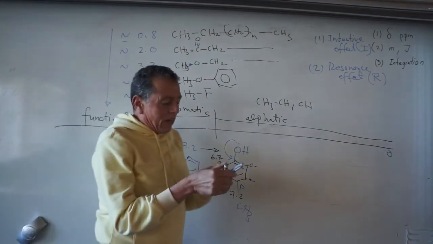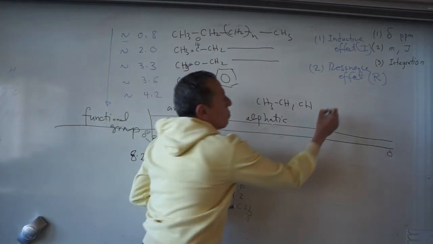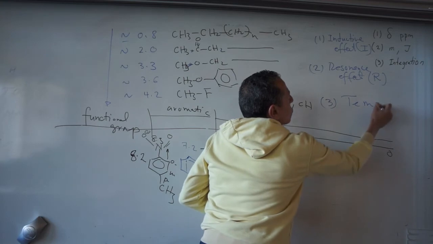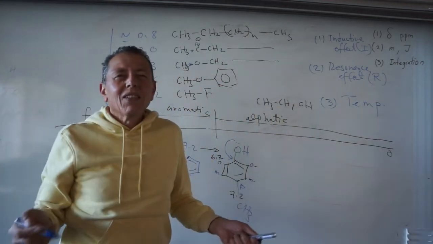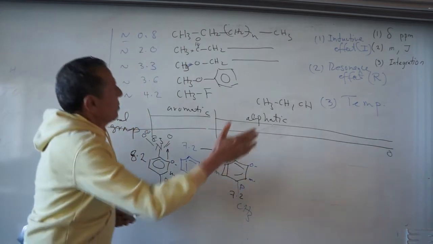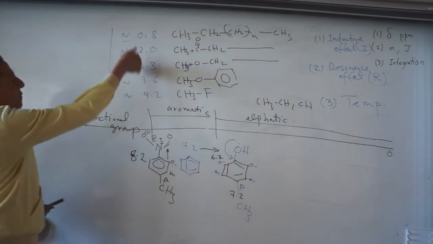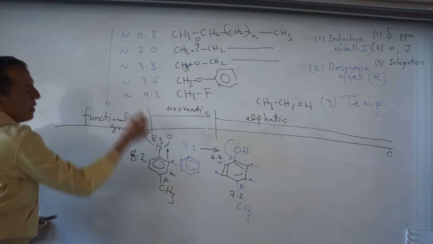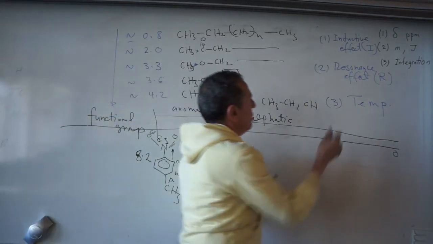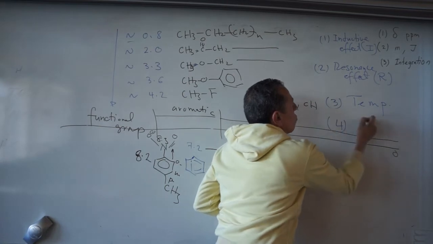What about the other factors affecting the chemical shift? It is also temperature, but temperature has very little effect. We are talking about 0.2 or 0.3 maximum, for example. So you cannot compare it with such a big effect. Another factor is the solvent.